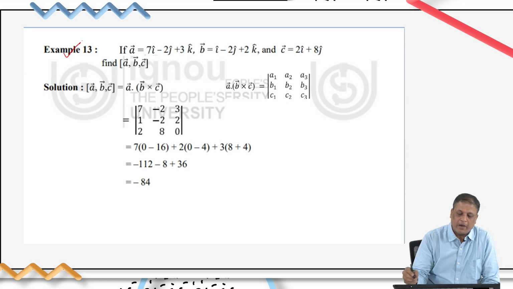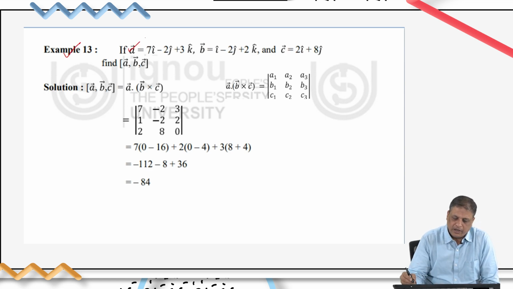Now, let us solve one numerical. Here, the vector A is given to us as 7i minus 2j plus 3k, vector B is given as i minus 2j plus 2k, and C is given as 2i plus 8j, that means the k component is 0.